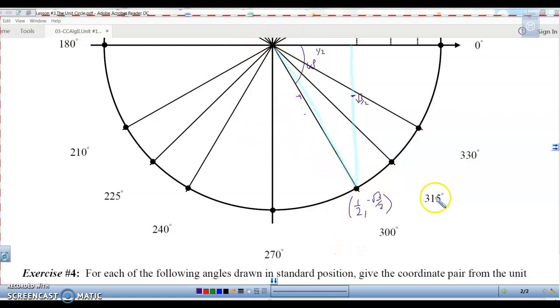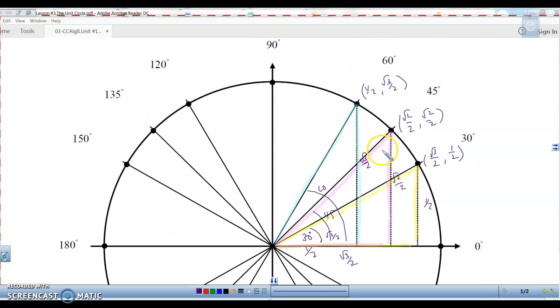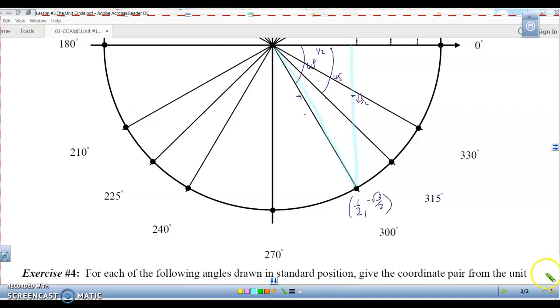All right, now 315. We go around and end up here terminally, because the terminal side of the angle is here. If this is 315 and this is 360, how many degrees away is this? Well, the reference angle for this one is going to be 45. So we want to use the pink triangle, the 45 one. When I draw the pink triangle in for 45 degrees, there's the terminal side, and I draw my triangle out to here.